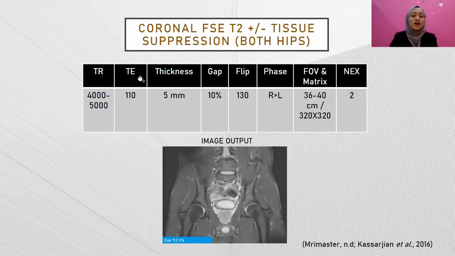So the scanning parameters are as follows. And this is the example image of coronal T2 with fat saturation, with fat suppression.